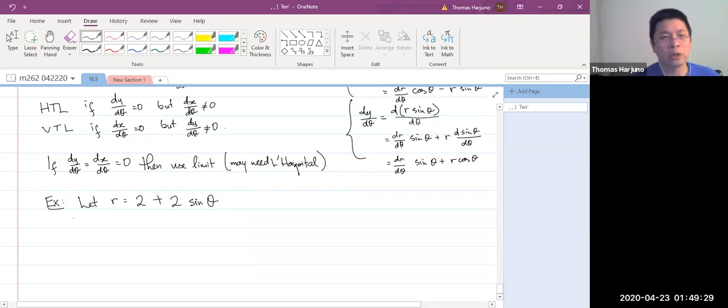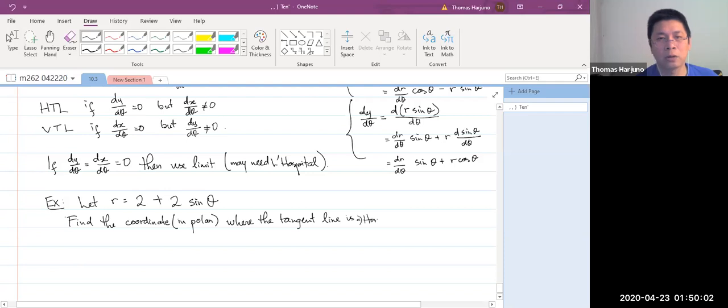So the question is: find the coordinates in polar, so basically the polar coordinates, where the tangent line is A, horizontal, B, vertical.